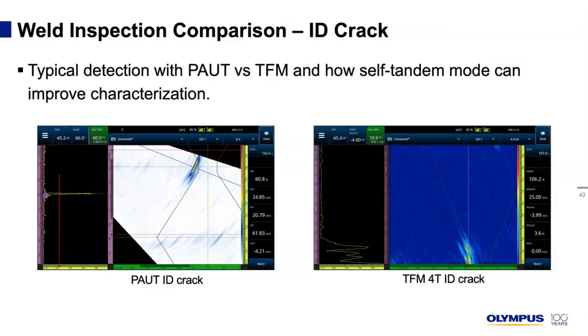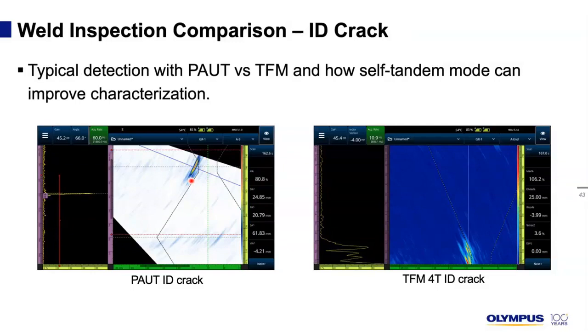ID cracking. The phased array pulse echo technique works to detect and to characterize crack or crack-like indications by detecting one strong corner trap signal, maybe a few facets, and a tip diffraction.